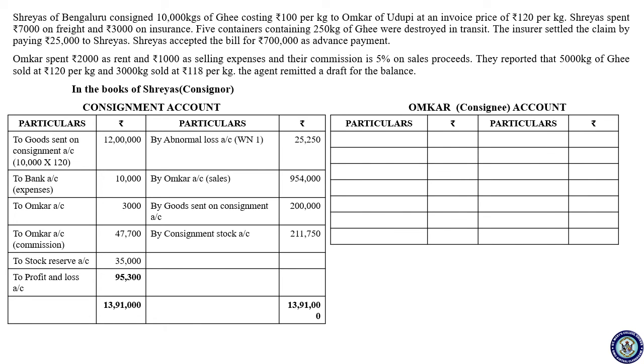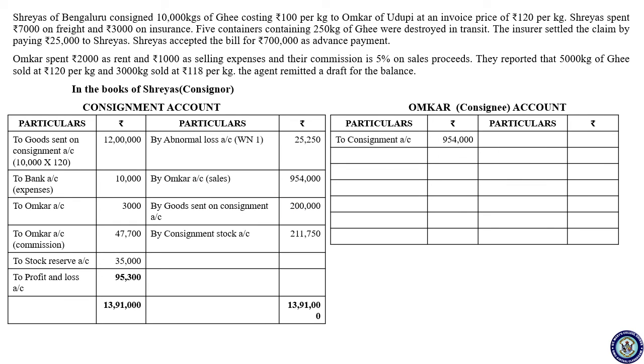Next one, that is Omkar consignee account. Okay, so you have to start with the debit side, that is sale.